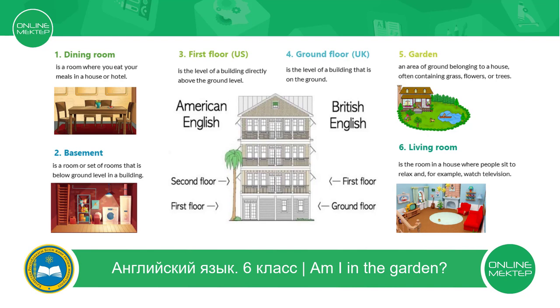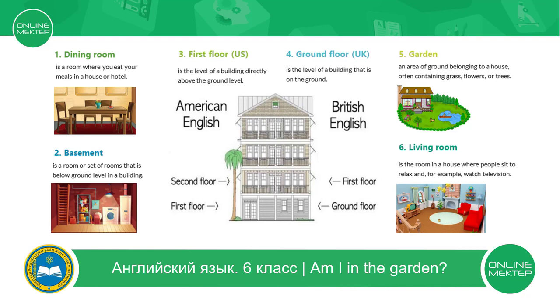Ground floor. As you can see here, this is the level of a building that is on the ground. As you can see on the picture, first floor and the ground floor are on the same level. But first floor is for American English, ground floor is for the British English.